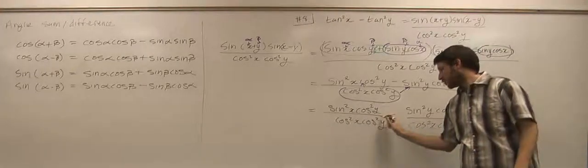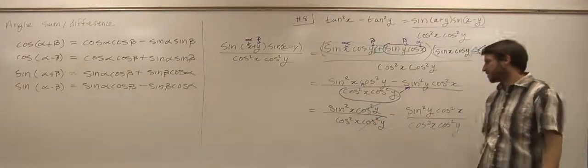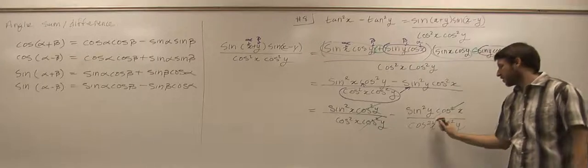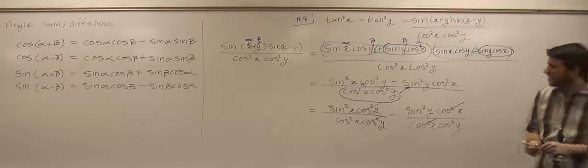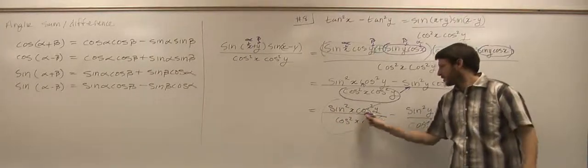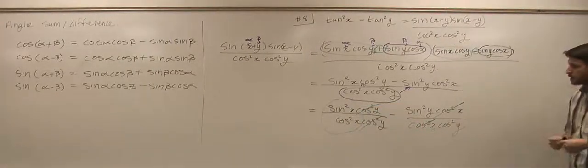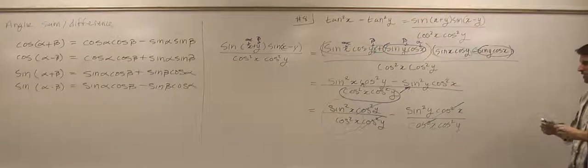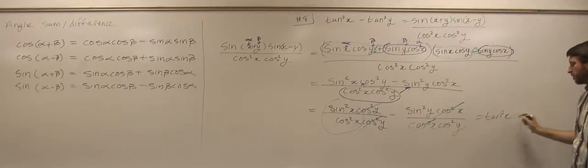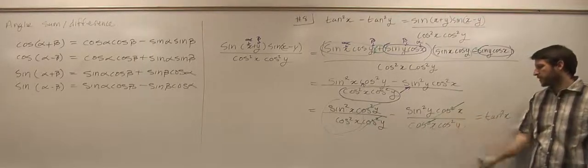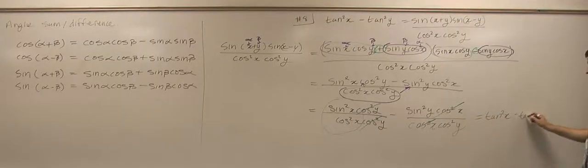Then cos squared y and cos squared y cancel. Cos squared x and cos squared x cancel. So what are you left with? Sine squared over cosine squared? Tangent squared of x. And then sine squared over cosine squared? Tangent squared of y.